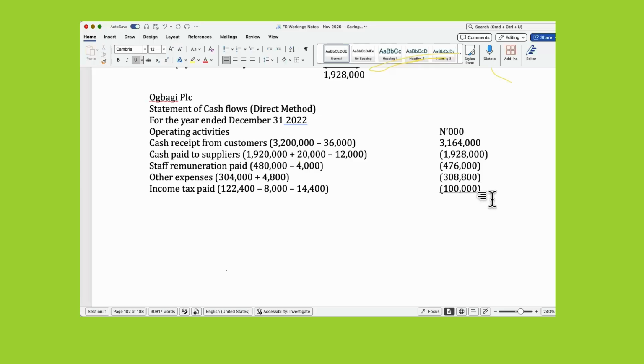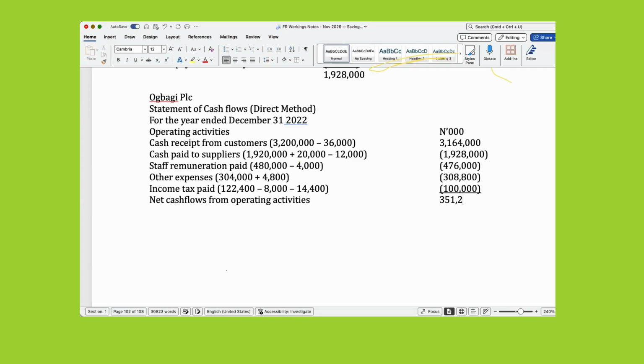So having adjusted for all of that, what I will get is my net cash flows. I don't know whether it's inflow or outflow, but we're going to establish that from operating activities. So how much is that, please? 351,200.